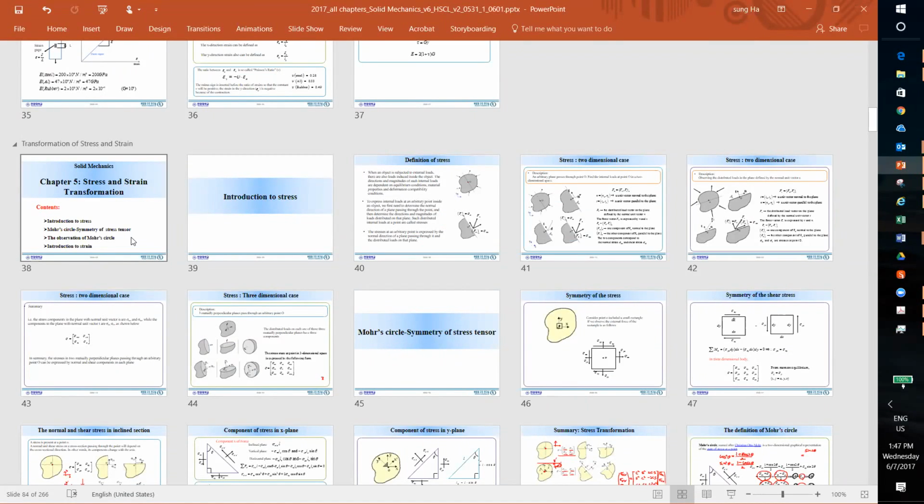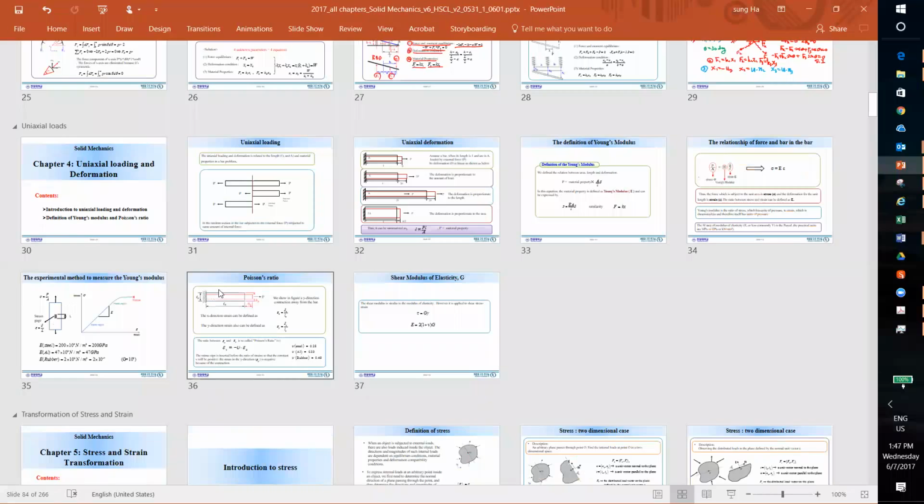So none of the chapters can be skipped. But I can say that the final exam will be mainly on beam, shaft and failure.